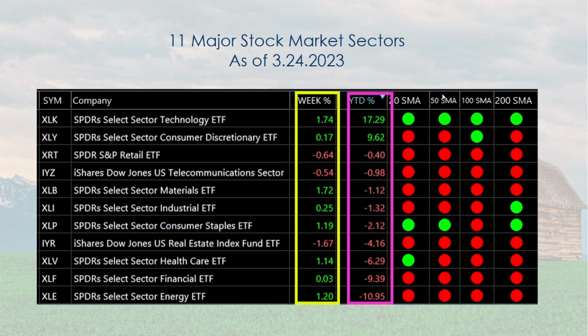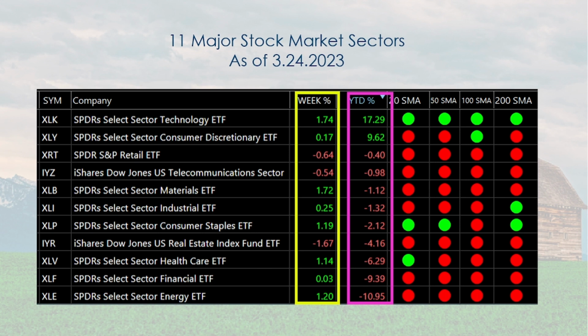The strongest is on top, which is technology and growth stocks and consumer discretionary, and then you go all the way down to the bottom and you find more of the old economy stocks, the healthcare, financials, and energy, going from more green to more red.